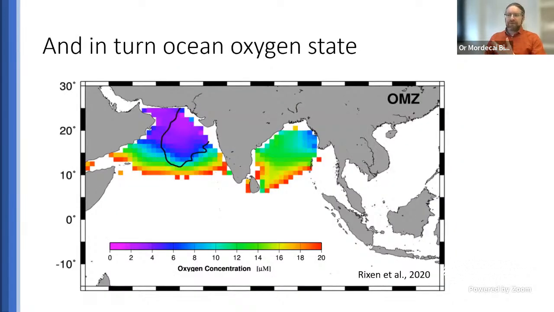And both of these nutrient sources sustain a lot of productivity, a lot of remineralization, and as a subsequent effect, a lot of use of oxygen in the water column, which forms one of the largest oxygen minimum zones or oxygen depleted zones that we have in the oceans.